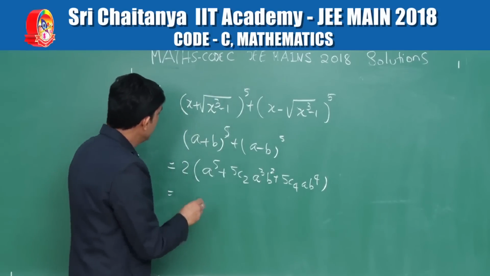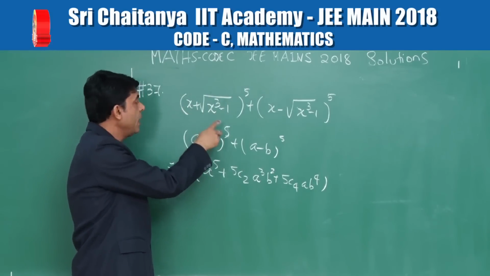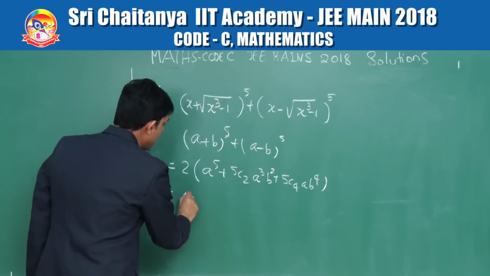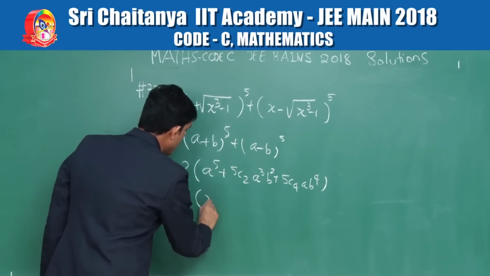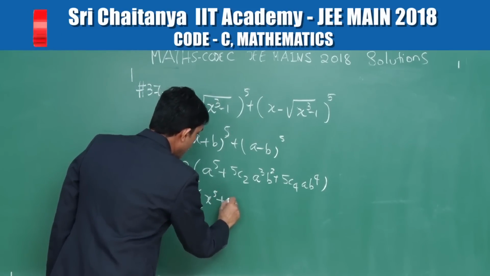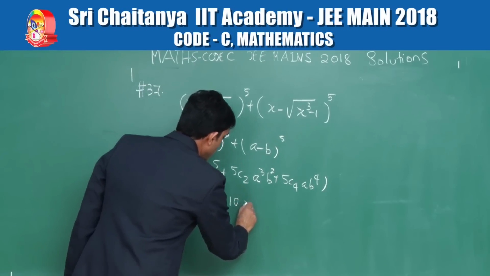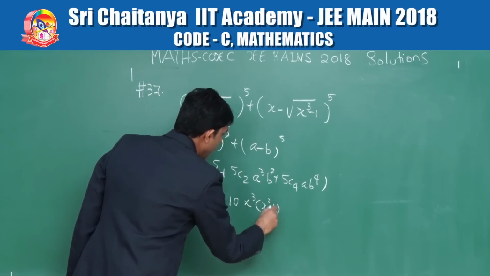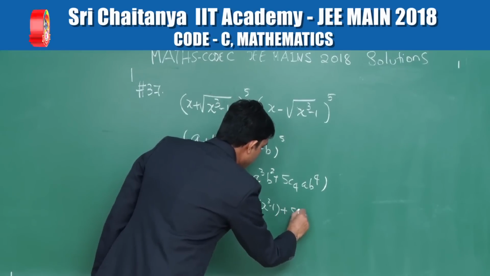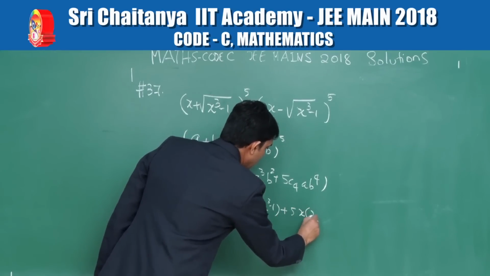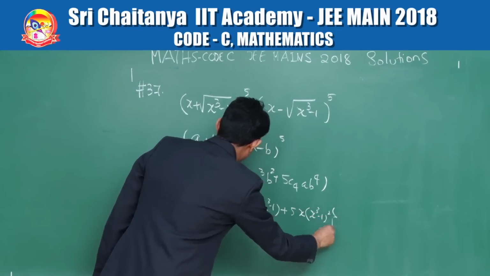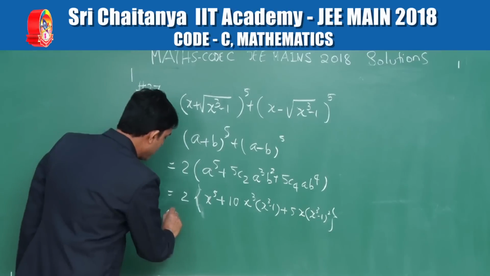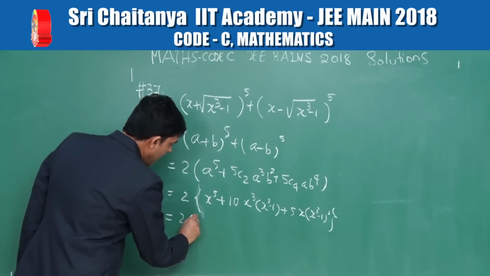When we write a as x and b as square root of x cube minus 1, this expression takes the form 2 x to the power 5 plus 10 x cube times x cube minus 1 and plus 5 x times x cube minus 1 whole square. When simplified, this gives you twice of x5.